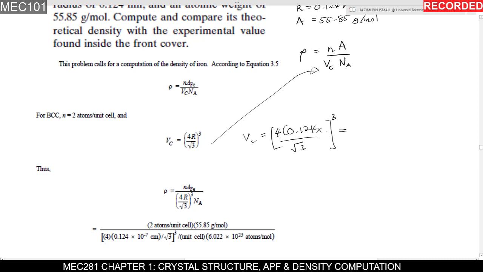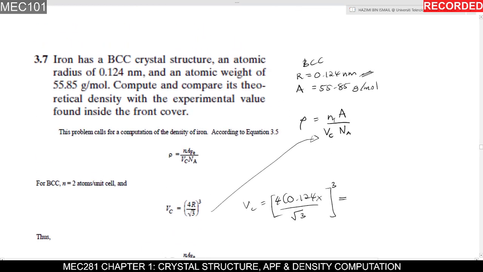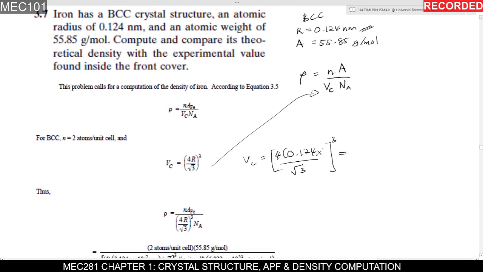The prefix for nano is 10 to the power of minus 9.